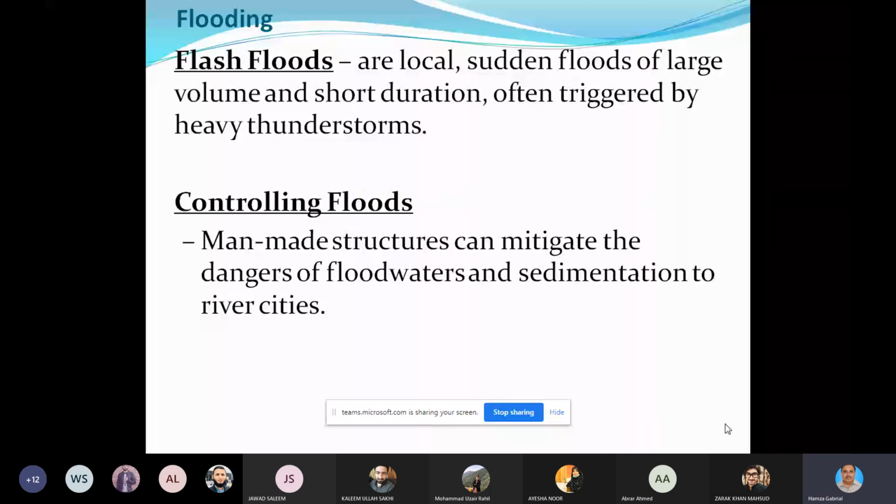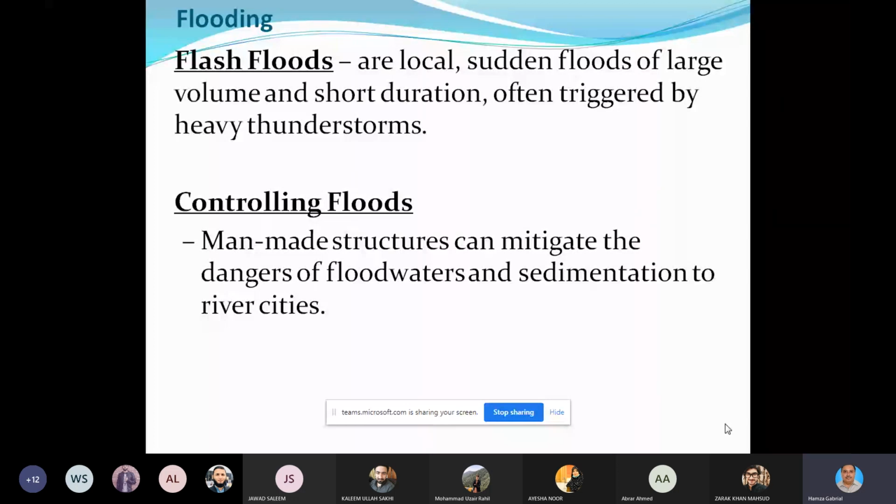So floods, we can classify them into various types, like the riverine floods, the flash floods, the urban floods. The flash floods mostly occur locally, and they start suddenly, and they have a very large volume of water, and they persist for a short duration, and they are triggered by heavy thunderstorms, which result in a very large volume of water, which stays for a very short duration, but its impacts are very devastating.